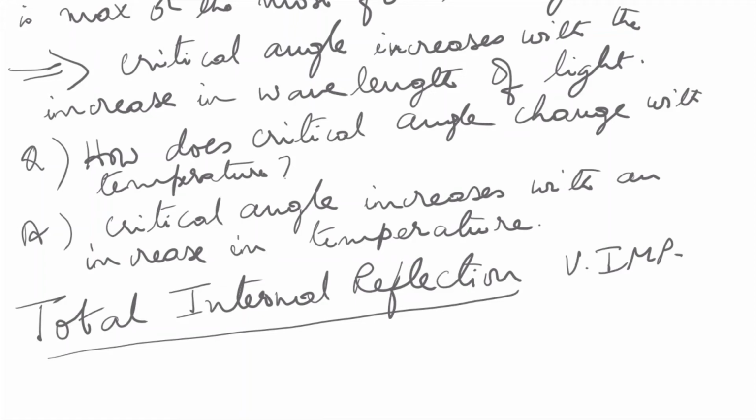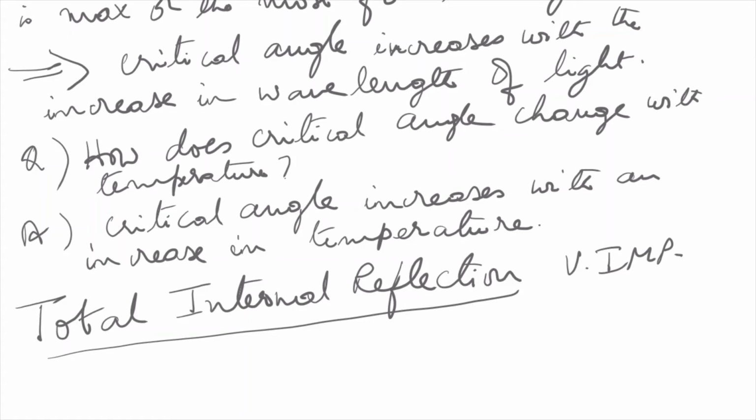Now first you saw that when the light ray travels from denser medium to rarer medium, for a certain value of angle of incidence, the angle of refraction is 90 degree, that is, the refracted ray passes along the surface of separation. The value of angle of incidence for which the angle of refraction is 90 degree, we call it critical angle. Now suppose the angle of incidence is greater than the critical angle.